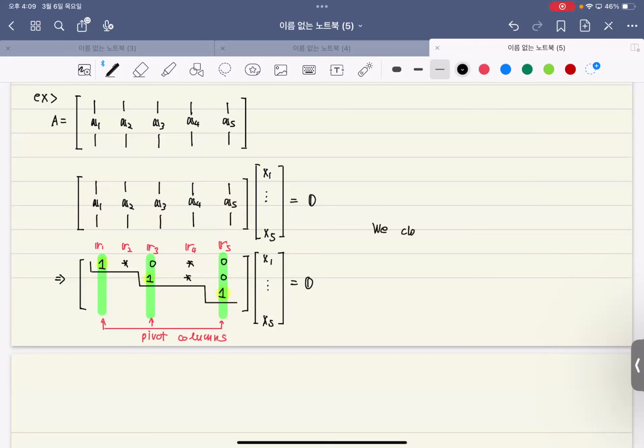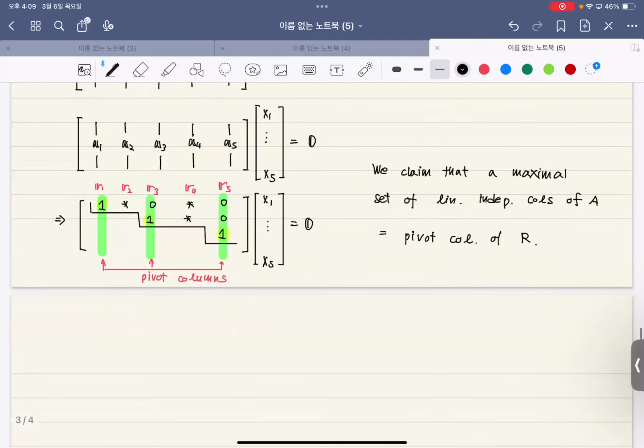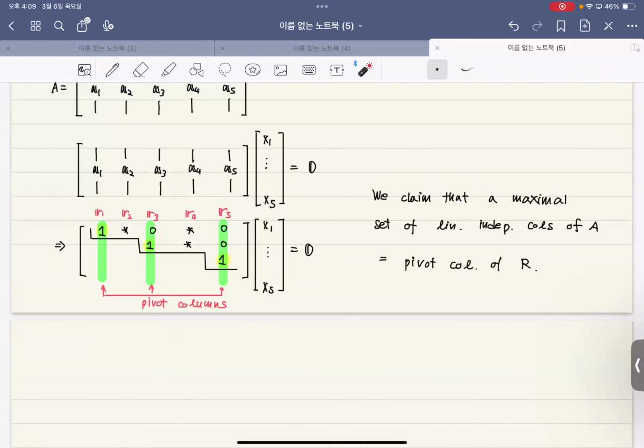So we want to claim that a maximal set of linearly independent columns of A is the same as the pivot columns of R. Why is that?